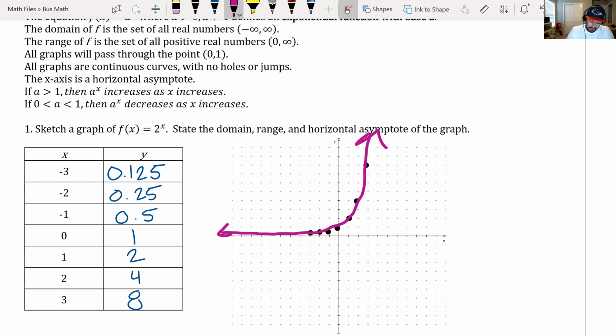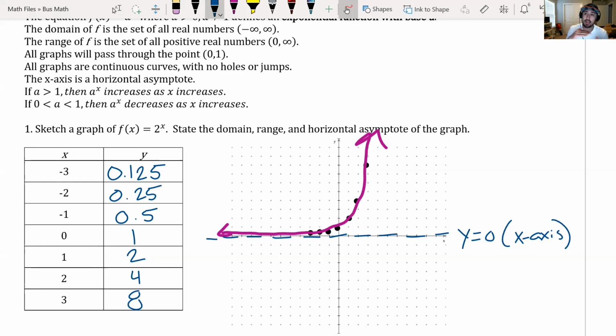And we say the x-axis is the horizontal asymptote. So I'll draw this little dashed line at y equals 0, which is the x-axis. It's a horizontal line, that's why it's y equals 0.